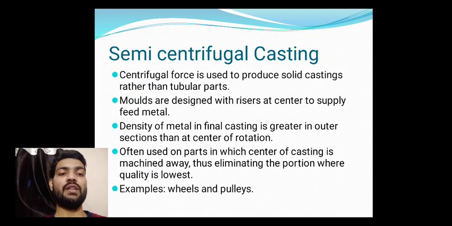The density of metal in the final casting is greater in the outer section than at the center of rotation. It is often used on parts in which the center of casting is machined away, thus eliminating the portion where quality is lowest. Examples: wheels and pulleys are formed with the help of semi-centrifugal casting.